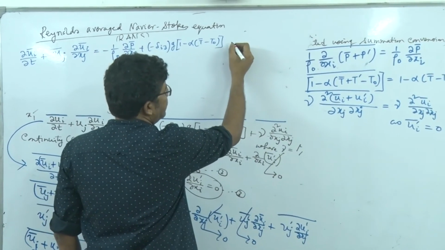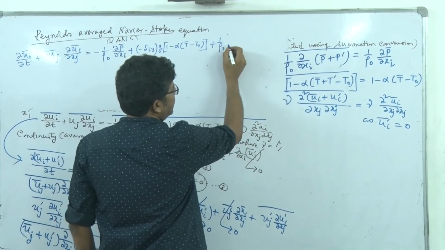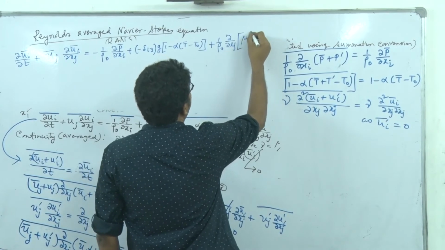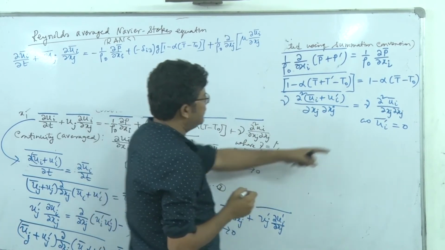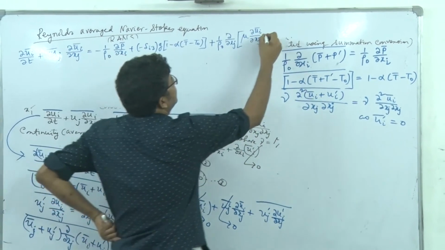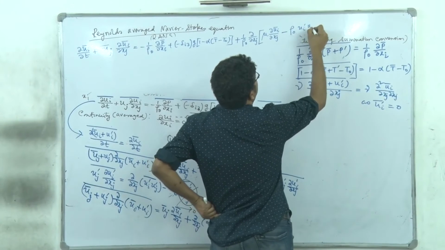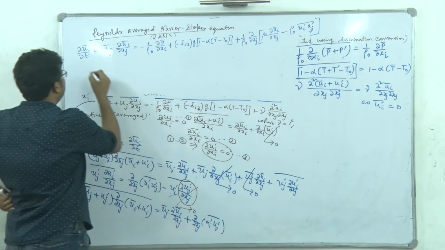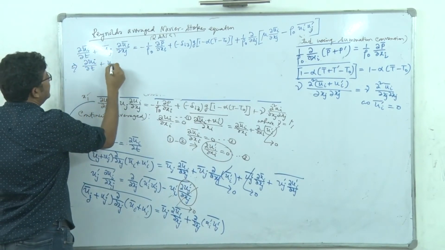So we can write that 1 by rho naught, if you take common, then del xj inside I will have mu into del u bar del xj for this term, and we have shifted this to the right hand side. So it will be minus of rho naught ui prime uj prime average, right? So this we can further simplify as this.